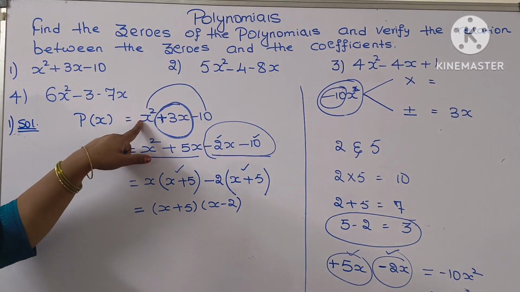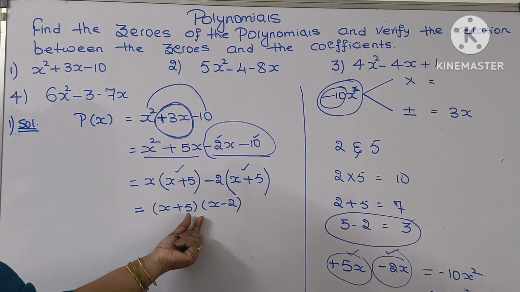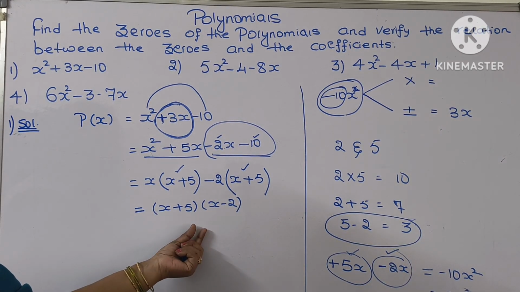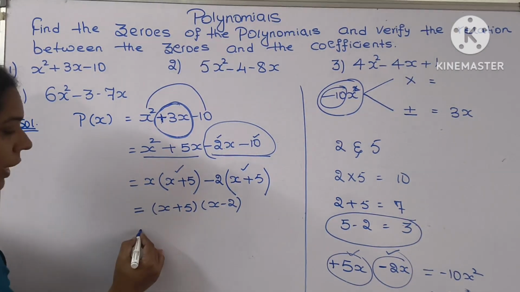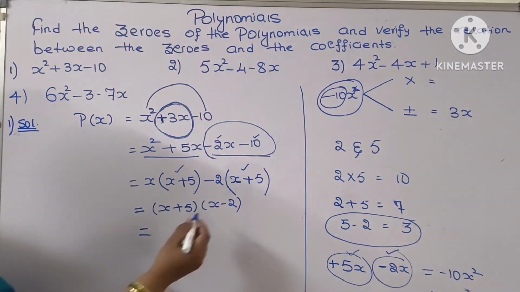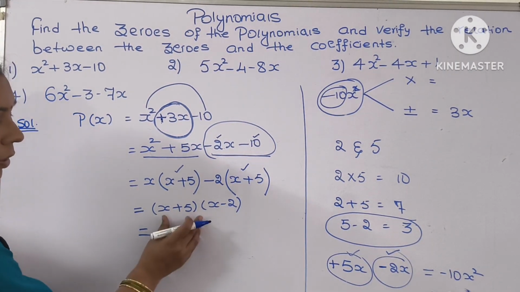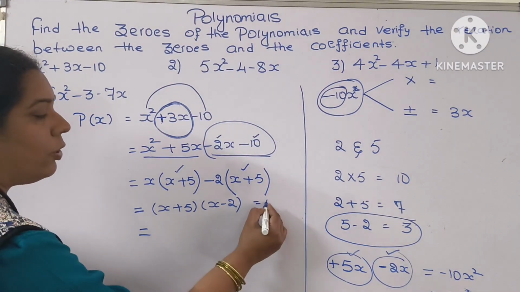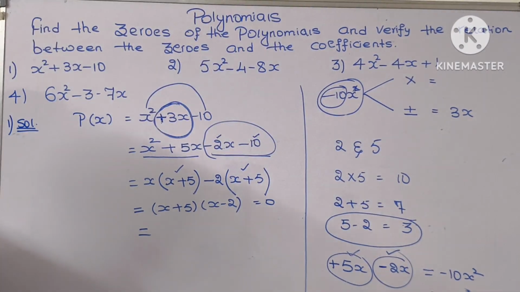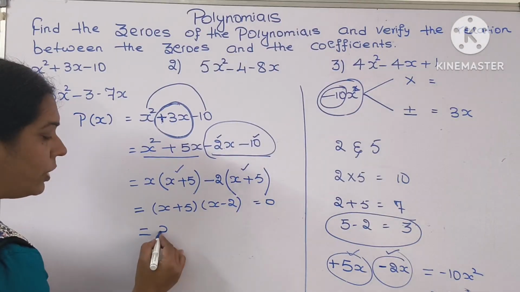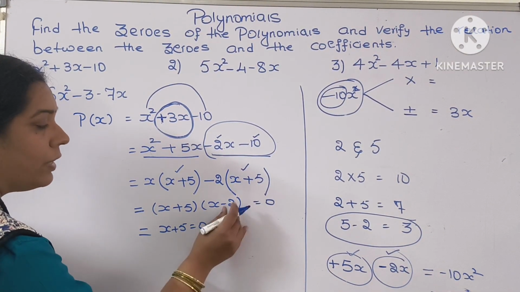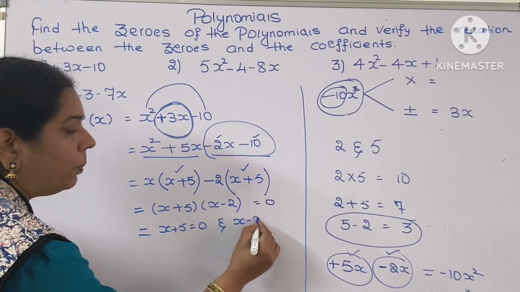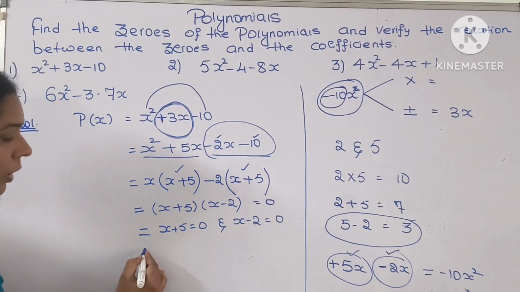Now, from the polynomial expression, you have converted them into factors. But what is it that we have to do next? We have to find the value of x. How will you do that? Once you get the factors, equate them to 0. Equate it to 0, which means the first factor should be equal to 0 and the second factor should be equal to 0.